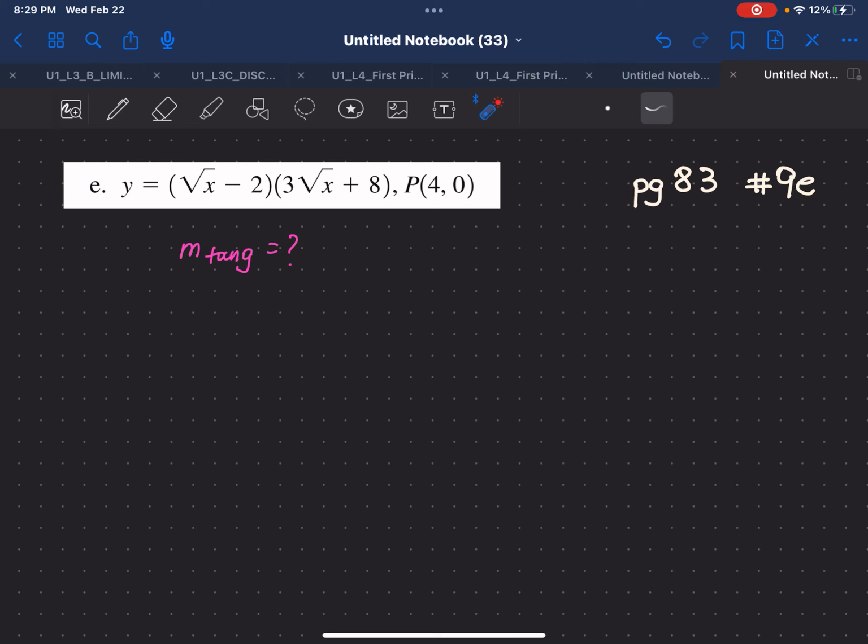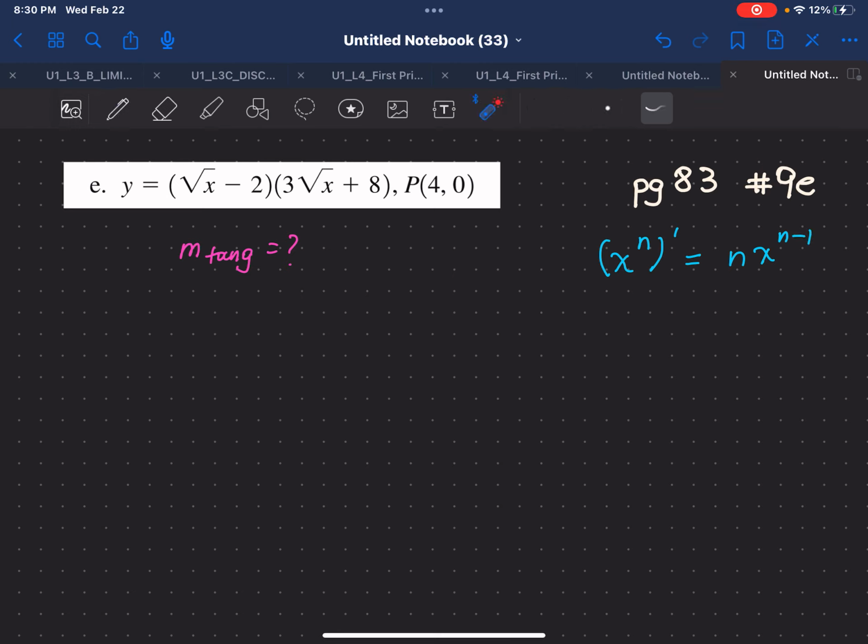So to find the slope of the tangent, we need to find the derivative of this function. As you can see, what we have in here is two binomials multiplied, and we haven't learned yet how to determine the derivative from the product of two binomials. The only differentiation rule we have learned is the power rule, which states that if a term x to the power of n is differentiated, then the derivative of it would be nx to the power of n minus 1.